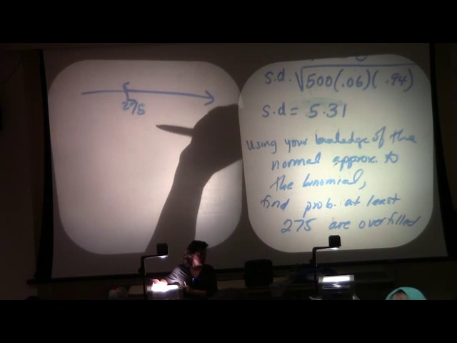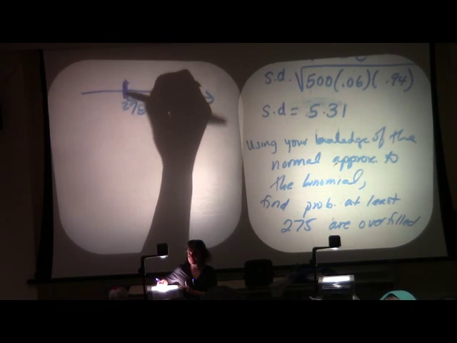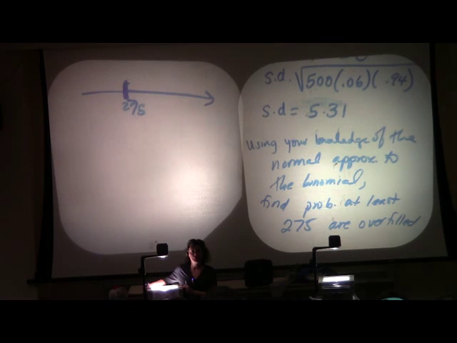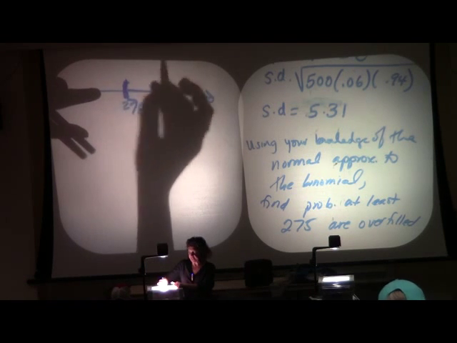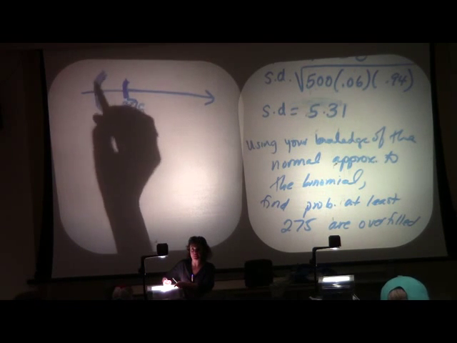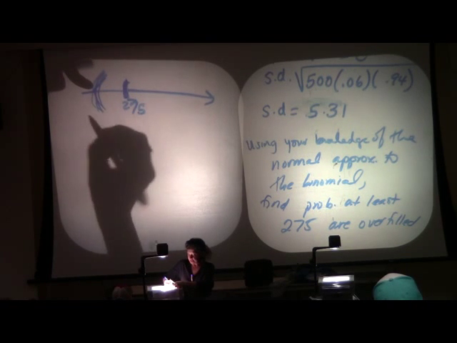Okay? The first question you have to ask yourself is, do we want to count this 275? By the way it's worded, are we interested in 275? Yes, we are. Since we're interested in 275, I need a little fudge factor. It's kind of like my little cushioning here, to be sure I count it.